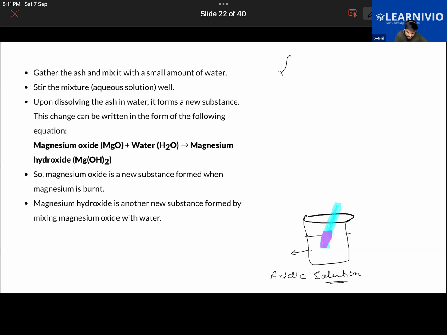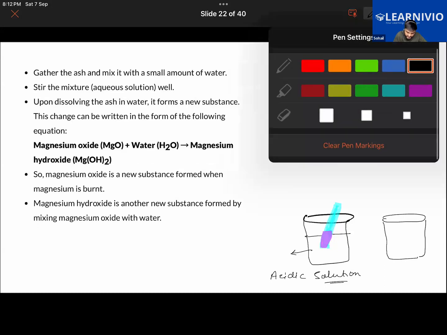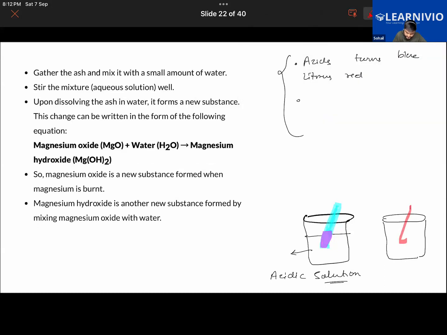Let me write this. Acids turn blue litmus red. Both of you remember this. If you haven't already, just remember this fact. Now, if I were to take a red litmus paper, and if the color changes to blue, what do we conclude from that?